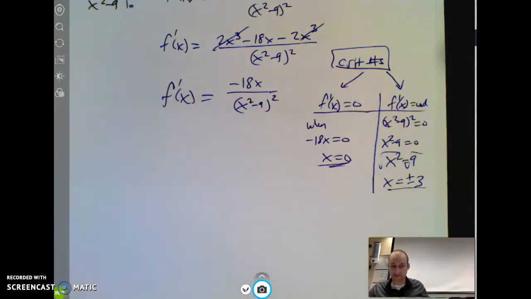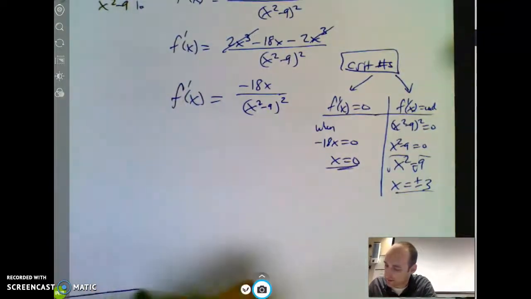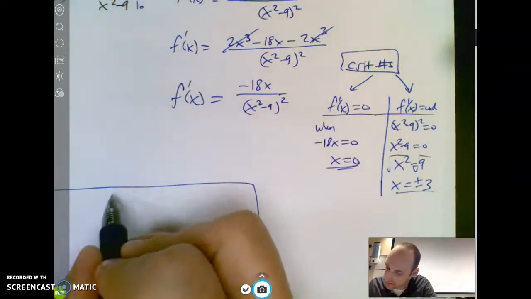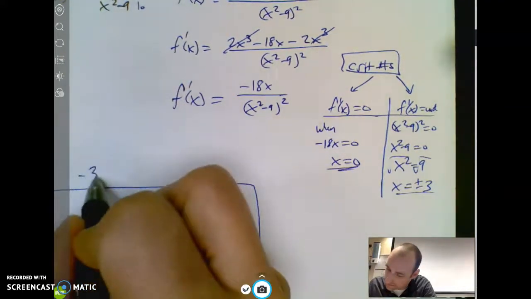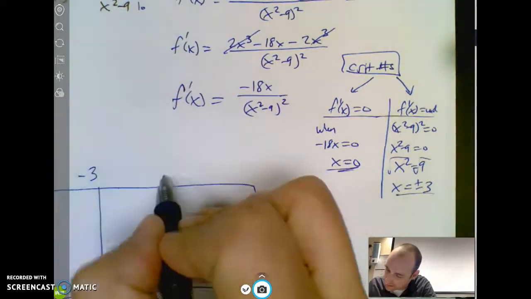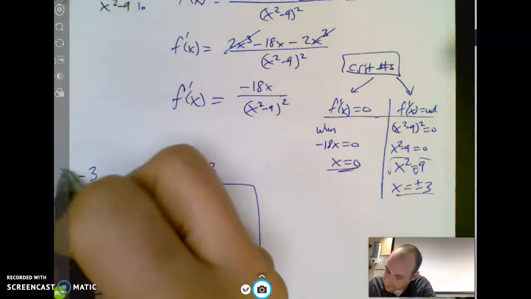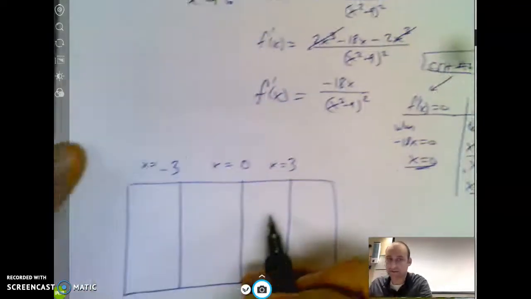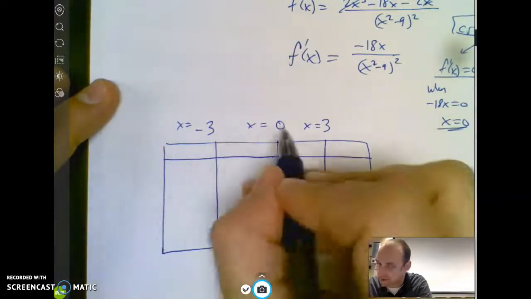This is more intense than last time. Last time I only had one answer. So what do I do with that? Well, you got this big old rectangle here, and you got to split it in 3 places. You got to split it when x is negative 3, when x is 0, and when x is positive 3. Put them in numerical order, because I'm going to be splitting up my interval. It wouldn't make sense if I went 0, negative 3, positive 3.